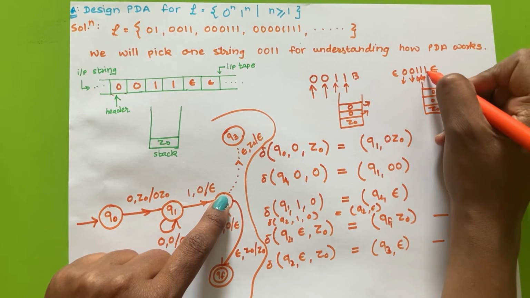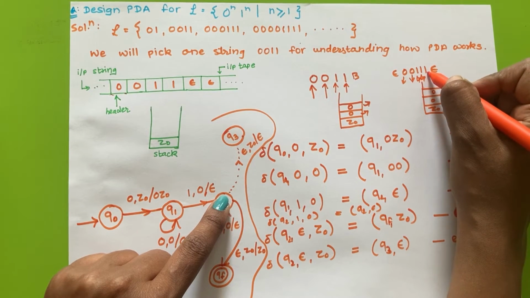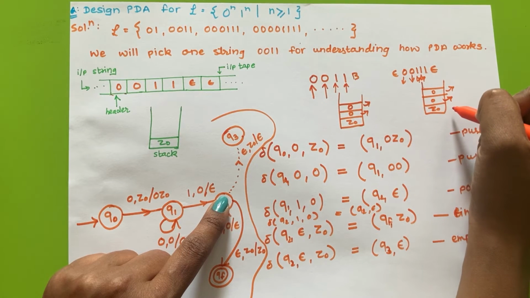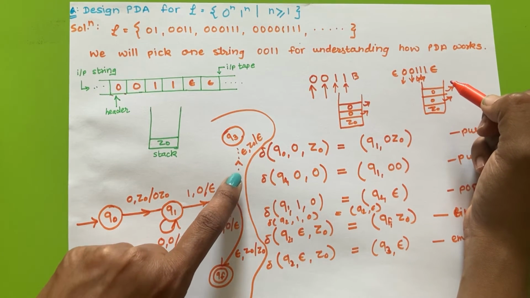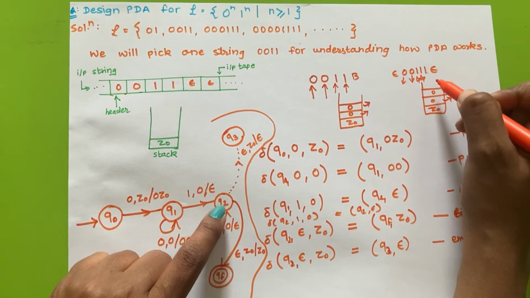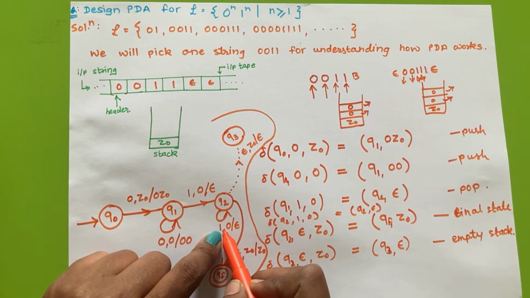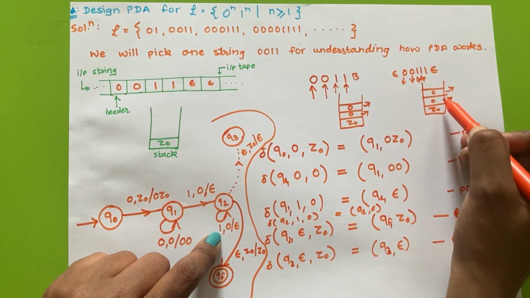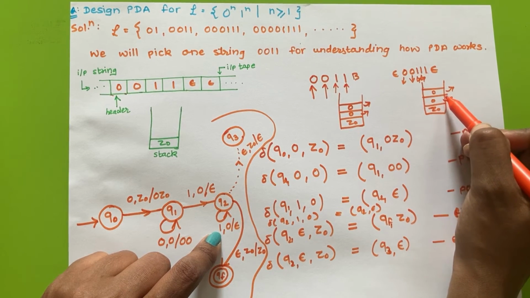Now next we have input symbol 1. But for this 1, what will be the situation? Top of stack is now Z0. We are at state Q2, but we don't have a transition to move, because this represents the situation where we are reading input symbol 1 and top of stack is Z0, because for the previous two ones we have popped those zeros.